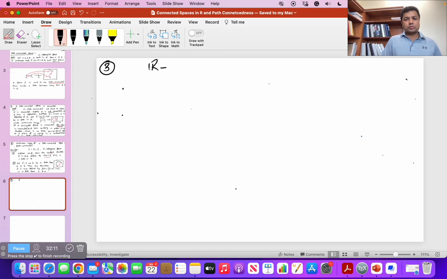R, you have seen this R everywhere throughout our lectures. So R is the real line. This real line is path connected. That means for every pair of points in R, we can find a path.